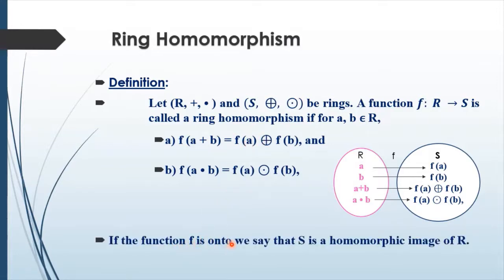If the function f is onto, then we say that S is a homomorphic image of R. That is, no element in S is left out unmapped. Every element has a pre-image, then we say f is onto, and so S is called a homomorphic image of R.